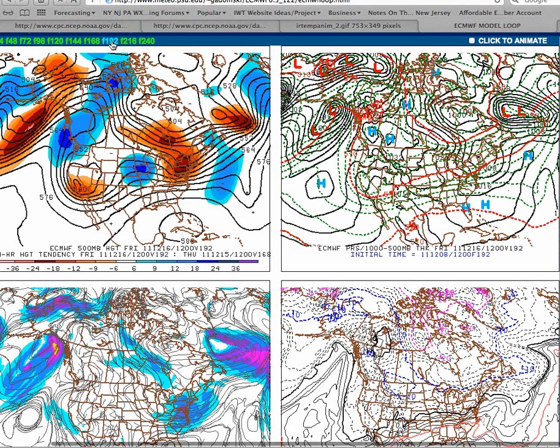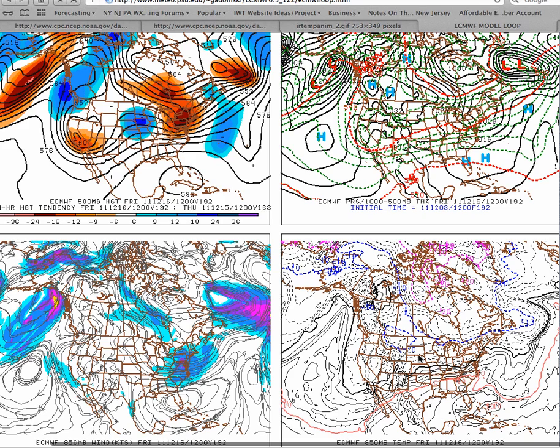Moving forward in time, by next Friday, now look at the fundamental changes we're seeing in this weather pattern. We're clearly split, but look where we're having our interaction setting up. This is an impressive thermal gradient here. We're going from plus 10 degrees Celsius to minus 10 degrees Celsius. Almost a 20-degree thermal gradient over the eastern United States.